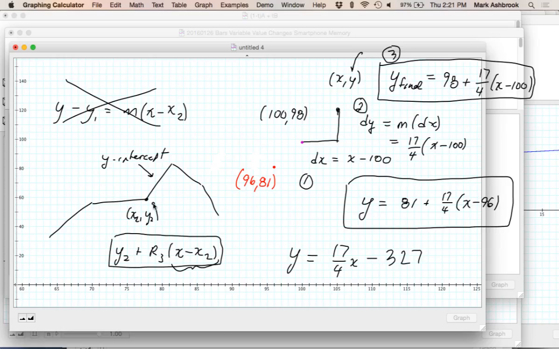Okay, so does this have meaning? R3 times x minus x2. It's the change in y from y2. For how far we've gone into this interval, it's the corresponding change from y2.